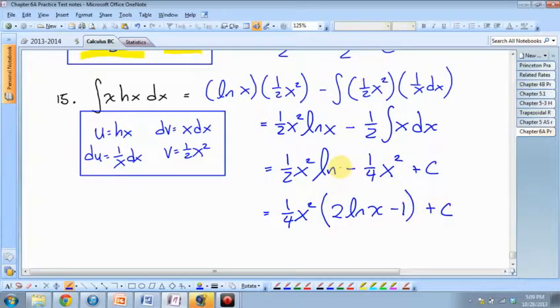I forgot the x here, didn't I? Yeah, that's it. That's pretty cool.